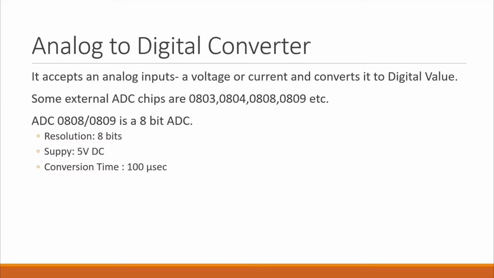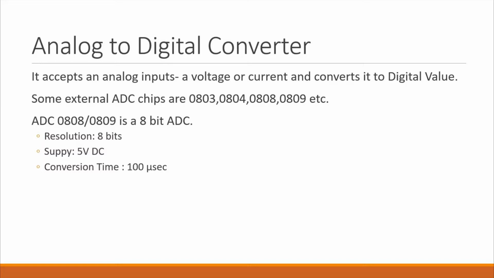So the analog to digital converter accepts an analog input, which might be a voltage or a current, and converts it into its equivalent digital value, represented in the form of zeros and ones.